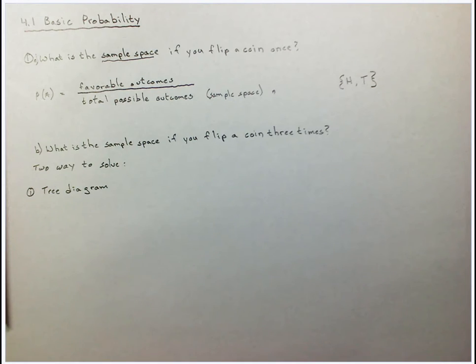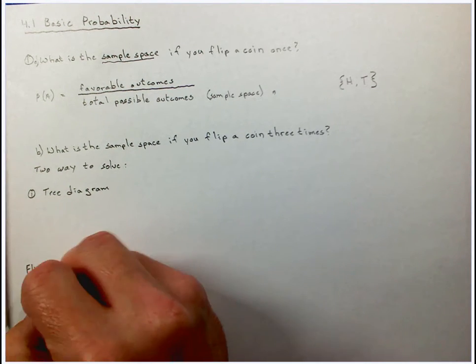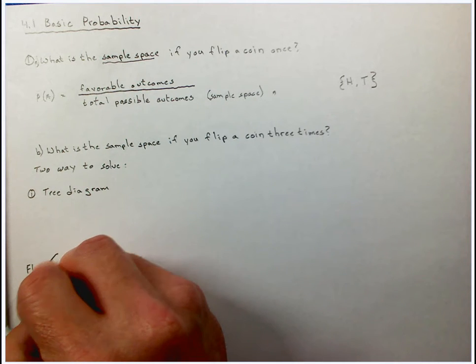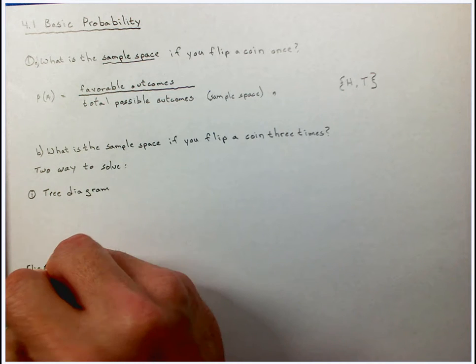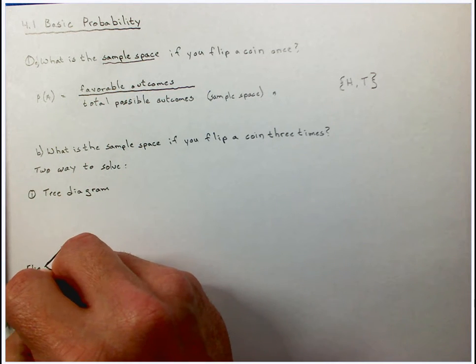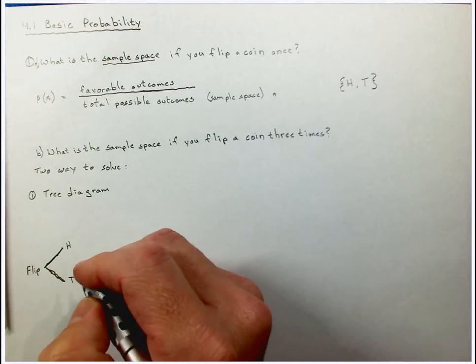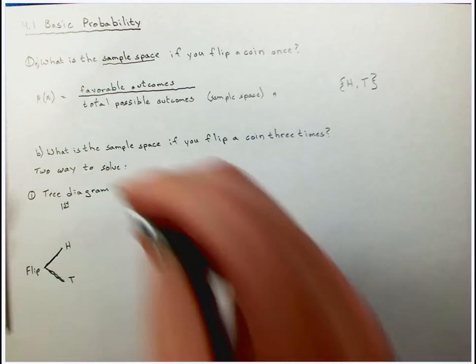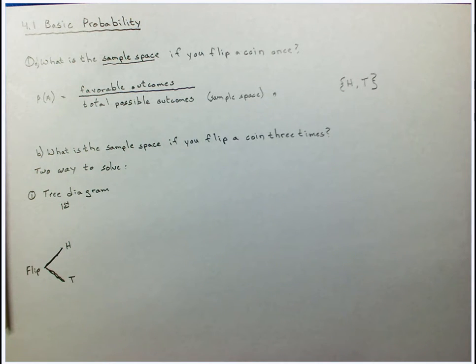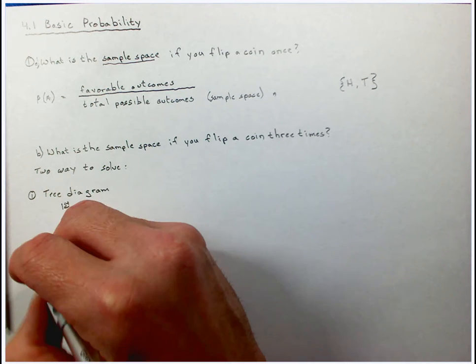For our tree diagram, we have the flip of the coin, and from there, we have heads or tails. That is going to be my first flip. Then I flip the coin again, so either one of these pathways is possible.